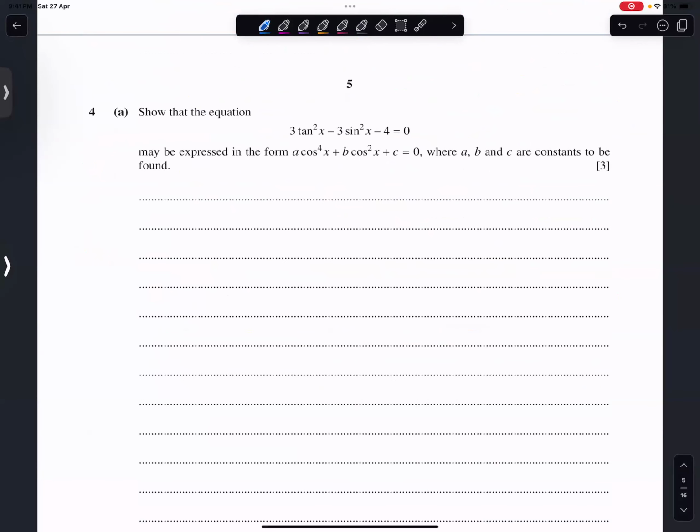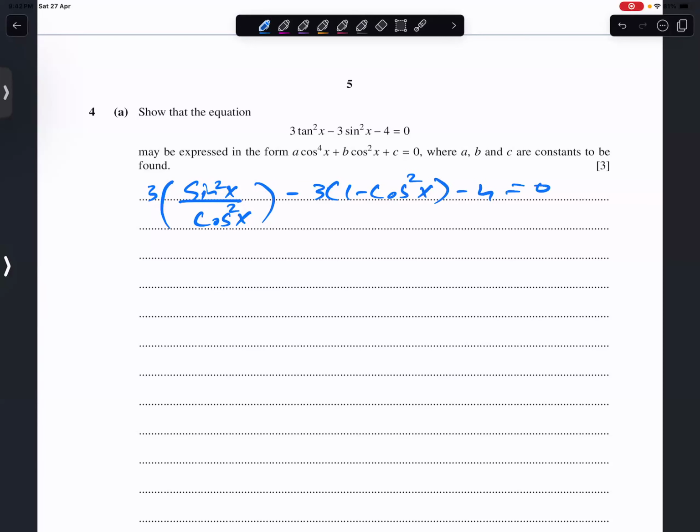Show that the equation may be expressed in the form of cos only. So 3 times tan square x is sine square x over cos square x, minus 3 sine square x will be written as, let's say, 3 into 1 minus cos square x, minus 4 equal to 0.